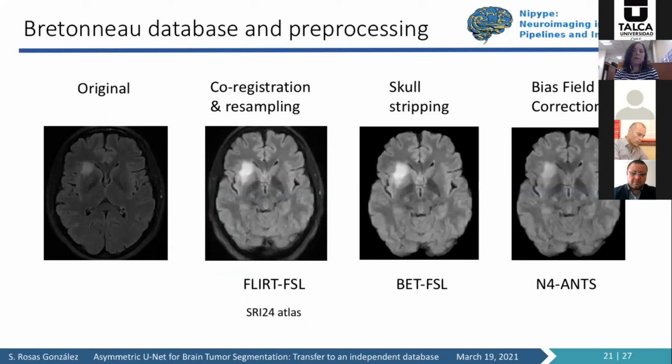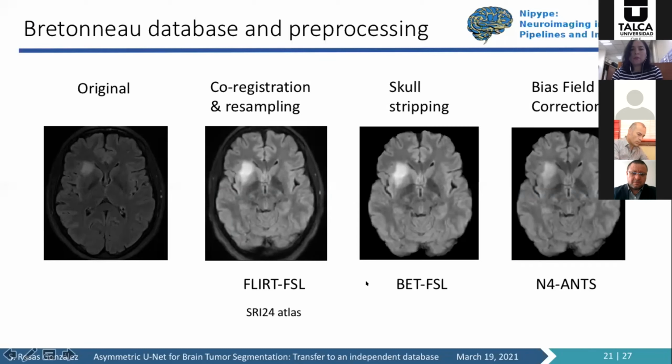To reduce the gap between the BraTS database and the Bretonneau database, we implemented 3 preprocessing steps. First, we register all FLAIR images with FLIRT from the FSL tool, which allows us to take all the images to the same anatomical template from the Sarikaya 24 atlas, and at the same time we resample the images to obtain a standard size and image resolution.